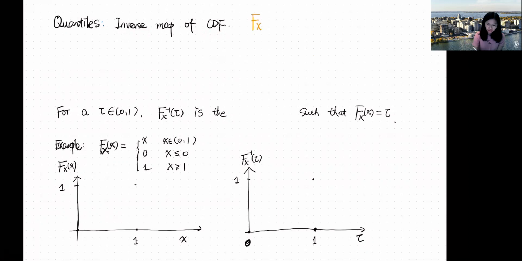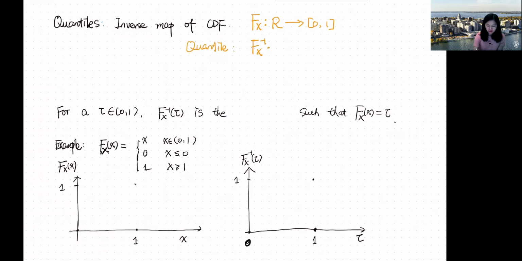The cumulative distribution function is a function that maps from the real line to the 0, 1 interval. The quantile is the inverse of that.